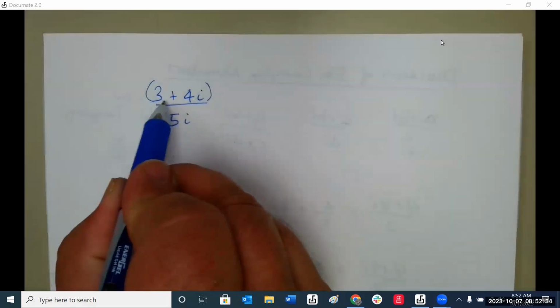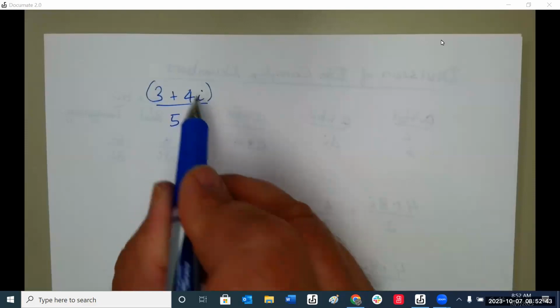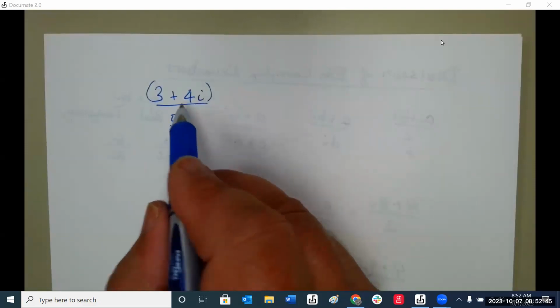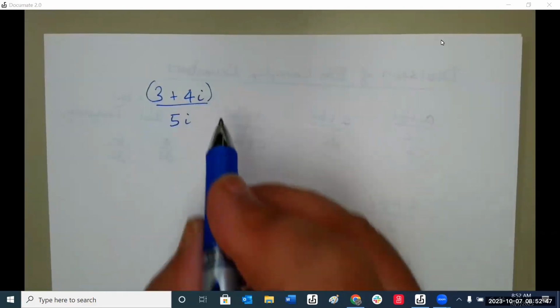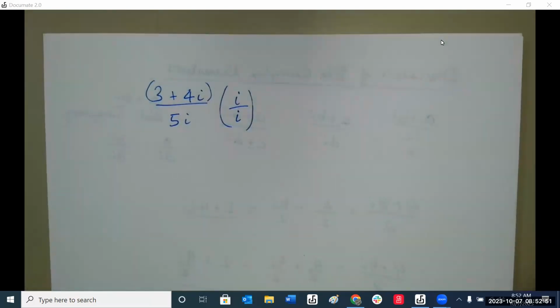We can't do anything inside there. There's only 1 I, so there's no like terms. They're not like terms. We can't cancel out the I's because this is an equation up here. We get rid of the I on the bottom.